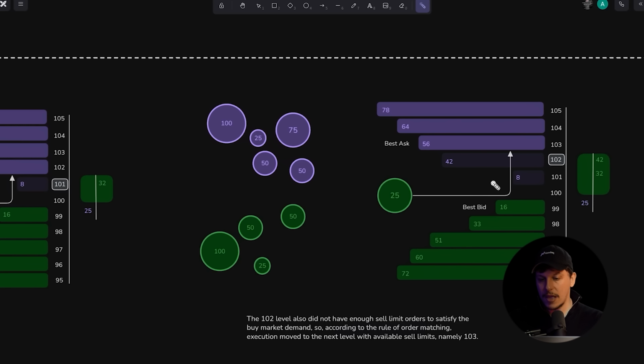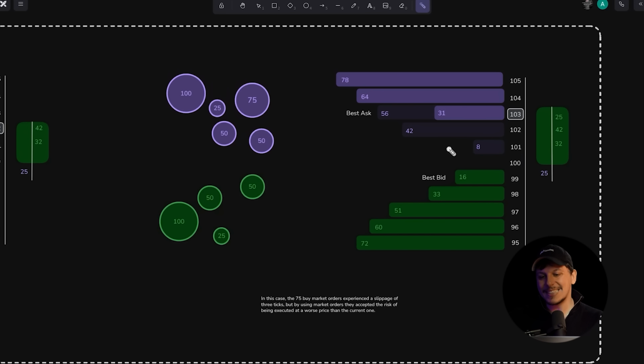The 102 level doesn't have enough sell limit orders to be able to satisfy the buy market demand. So, considering the order matching, execution moved to the next level available, that is 103. In the end, on the footprint, we have 32 executions on the 101 level and 42 contracts executed on the 102 level, and we are moving to the next level, that is 103.